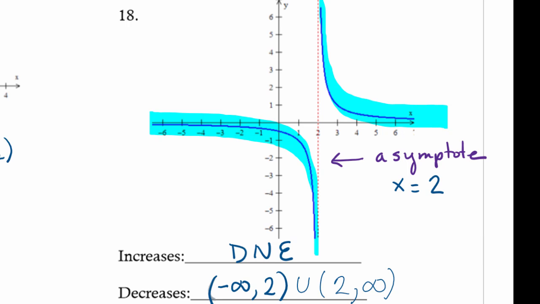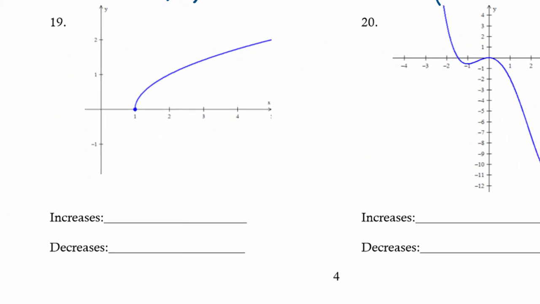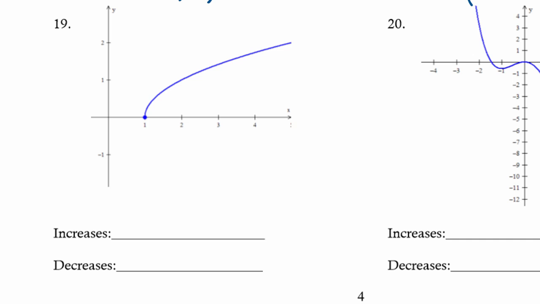Okay, let's take a look at some more examples. In this next example, now we have here half of a parabola, but actually you're also going to learn in this class that this is the graph of a radical function, a square root. But anyway, you can see that this graph is always increasing, isn't it?